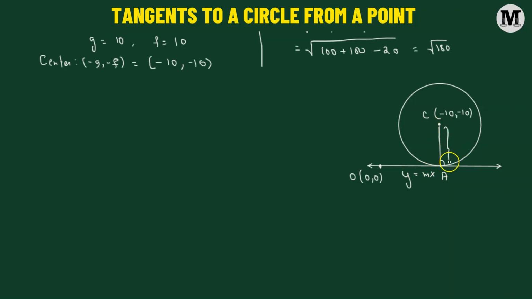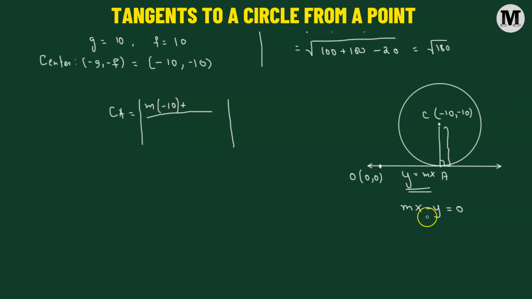And this perpendicular distance CA will be equal to the following. We have to rewrite the equation of this straight line, so this will be simply mx minus y equals 0. We take the coefficient of x, that's m. M gets multiplied by the x coordinate of the center, that's negative 10.